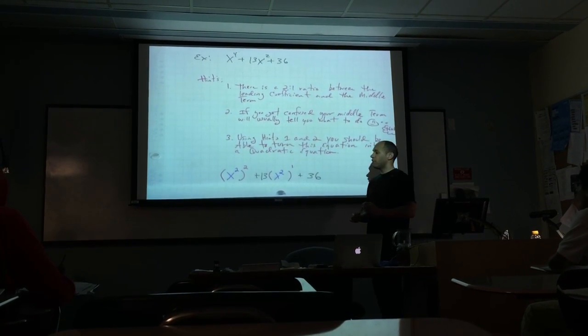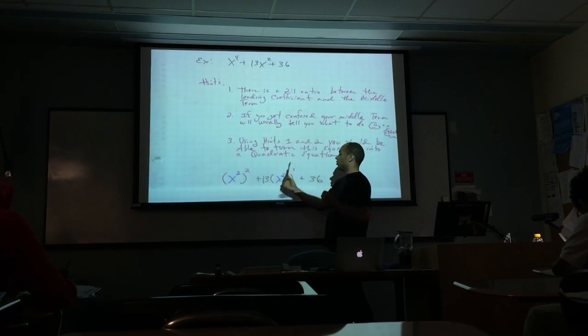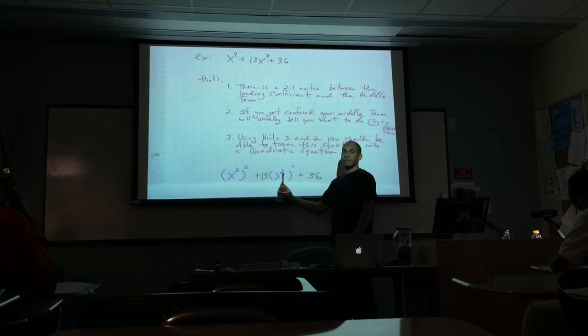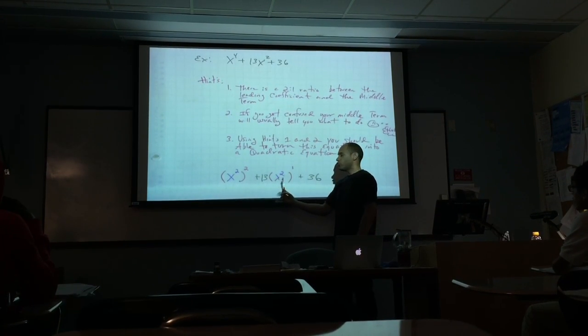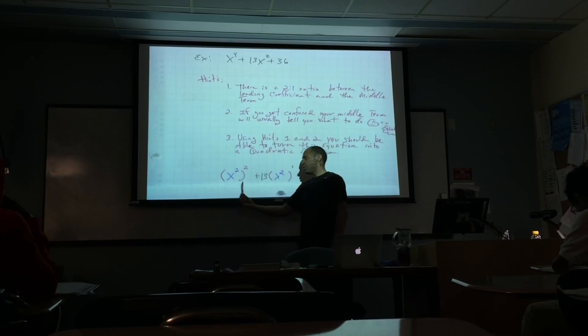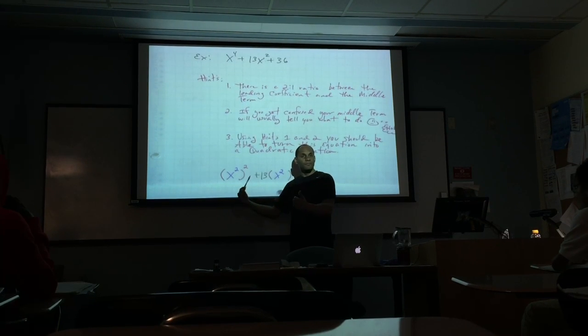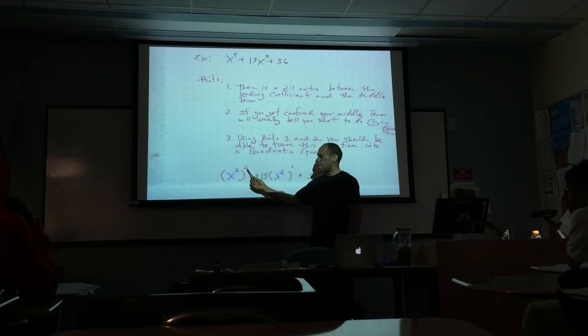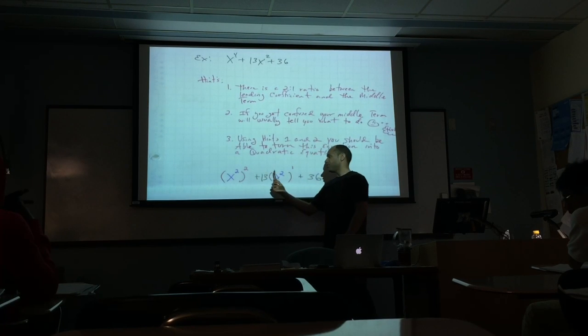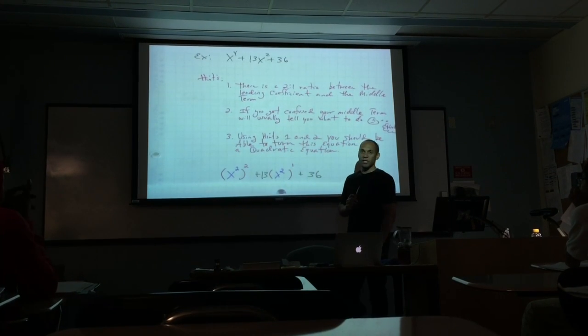Well, first of all, my middle term is what? x squared, right? So I just took that middle term and put it in the front. And then I need to have a 2-to-1 ratio. So I took it and I squared it, and I left the middle term with a 1 ratio.